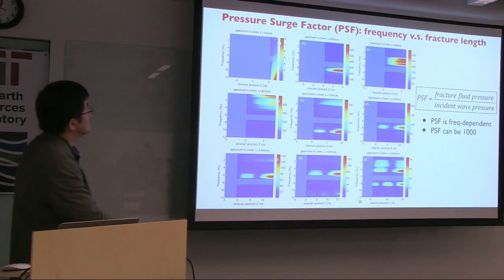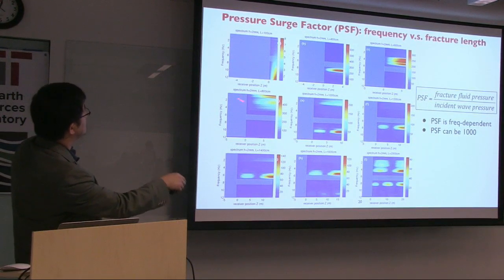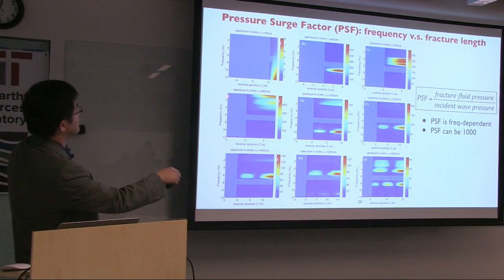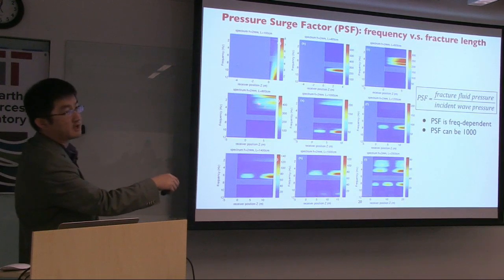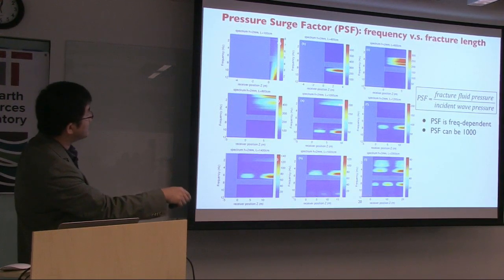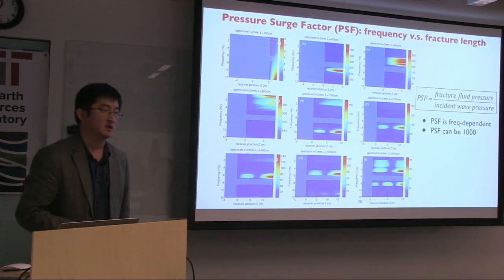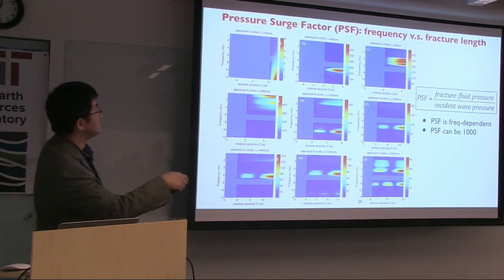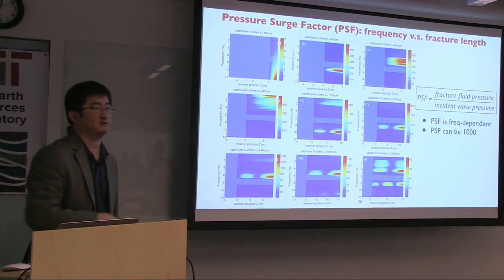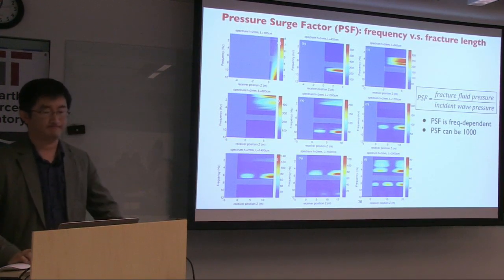Yes. So what do you see? The frequency, for example, this one is less than 1 hertz. So you should get 500 times magnification. In this case, for example, the 4 meter case is around 8 hertz. You got a very large magnification. And it's very sensitive. If you go to 7 hertz, there's no magnification.